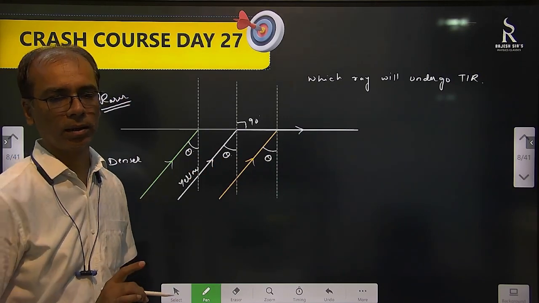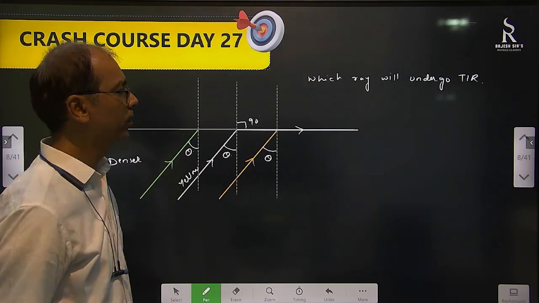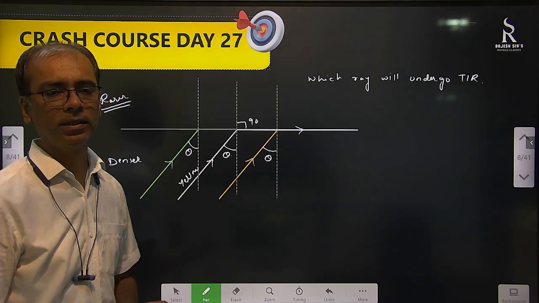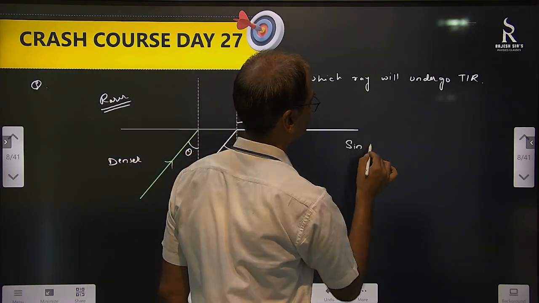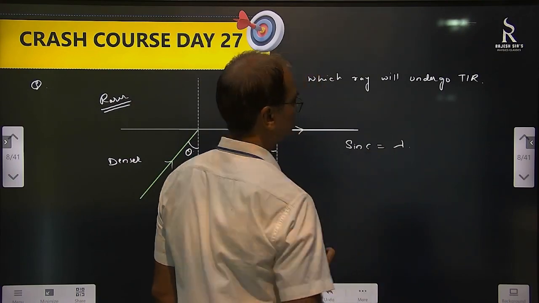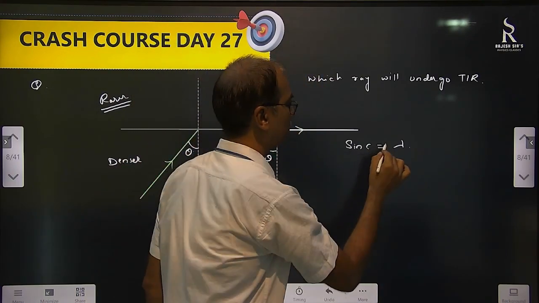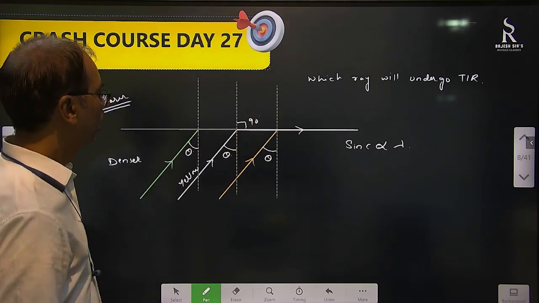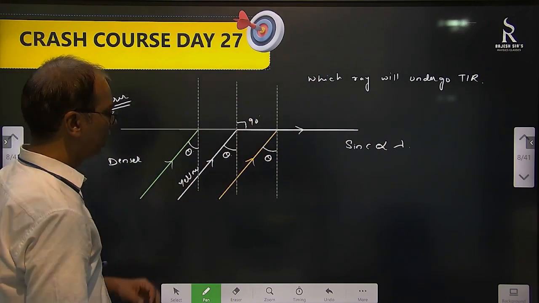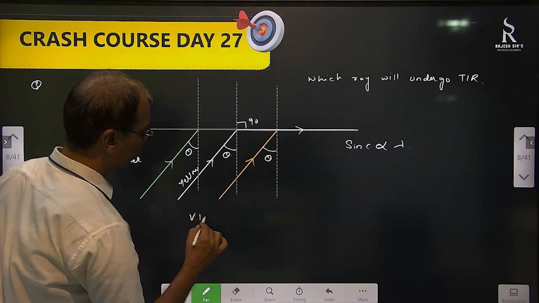Which ray will undergo TIR? Yellow is already at the critical angle. So what can we say? A little while ago we said that sin C is directly proportional to lambda, not equal, proportional to lambda. Now these are three lights.